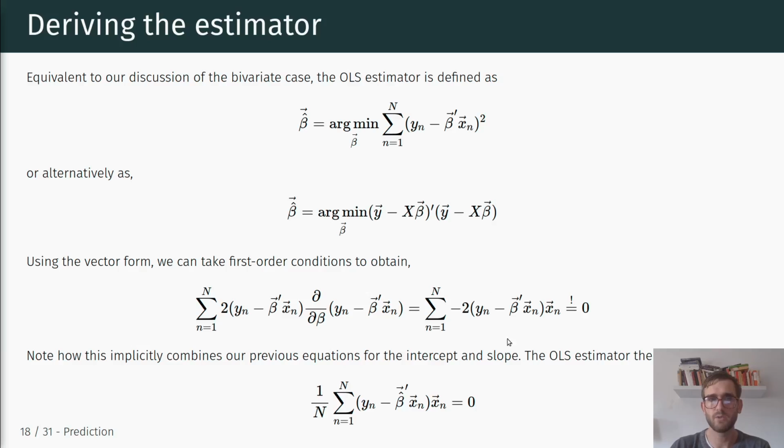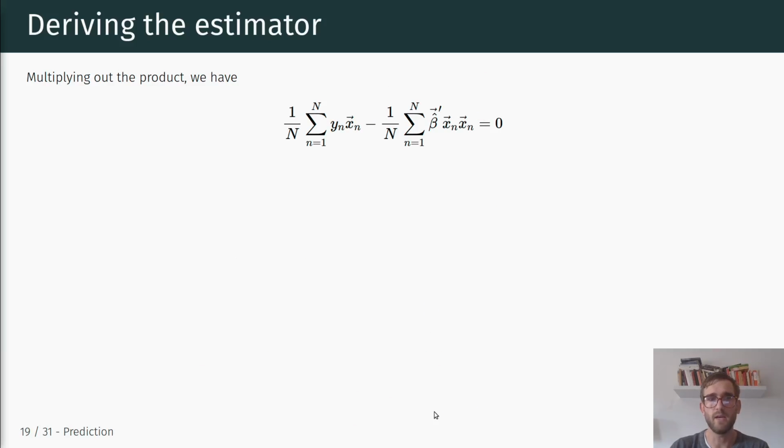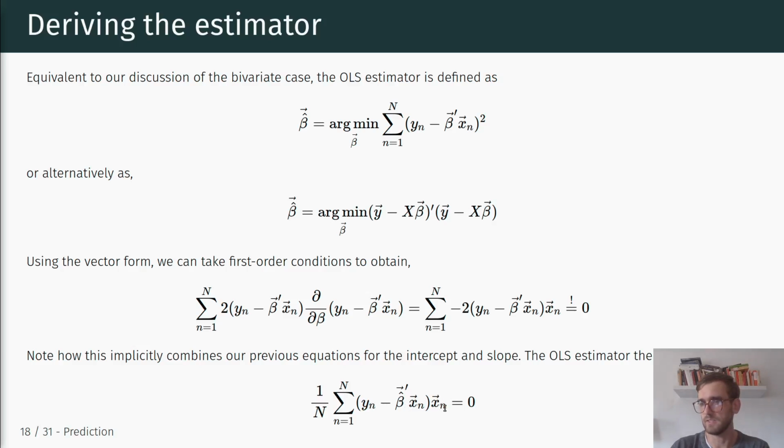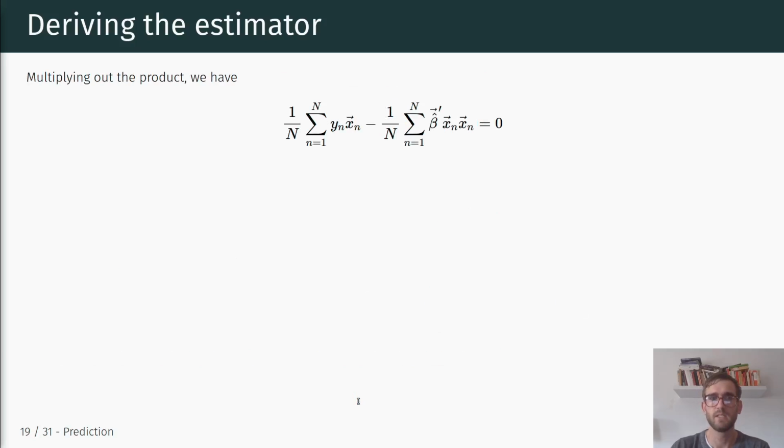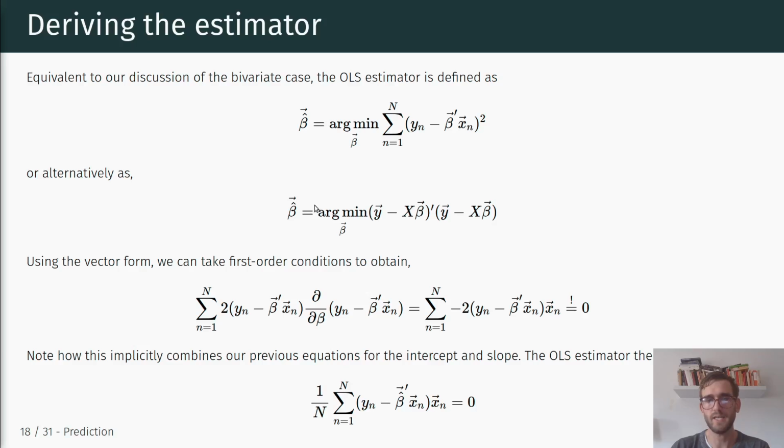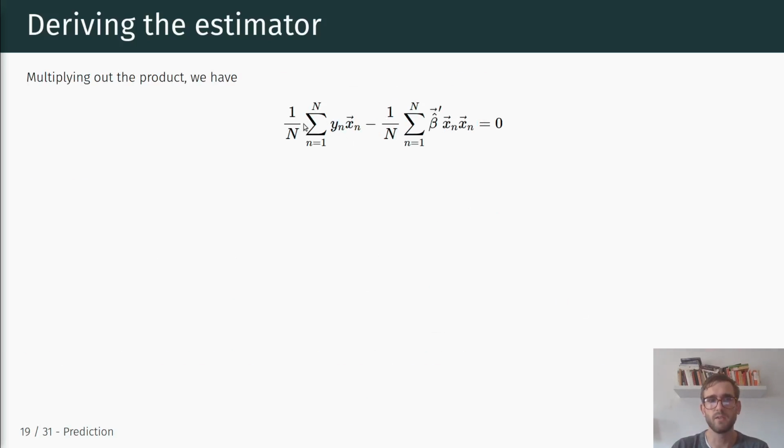So how do we do this? We're here in this equation, and the first thing that we want to do is multiply out the product that we have here, right? So this x_n will be multiplied out, and after doing that, we can also separate the sum, 1 over n times the sum from n equals 1 through N. We can separate those for both elements, so we're left with the sum of y_n times x_n minus the sum of beta hat prime x_n times x_n, okay?